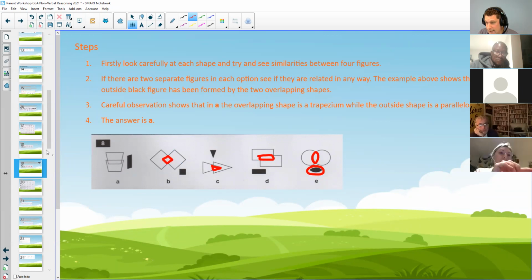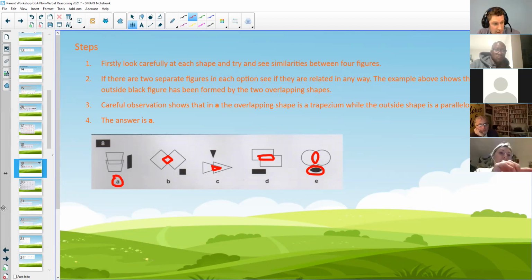But if you look at this, and again, just to prove how subtle the differences can be, I've got a parallelogram here, but when I look at the overlap, it actually creates a trapezium. So if I was to pick that shape up and slot it into my gap, where the 2 shapes overlap, actually it won't work. So the odd one out in this case is A.